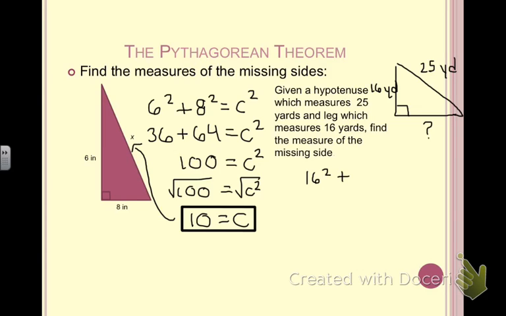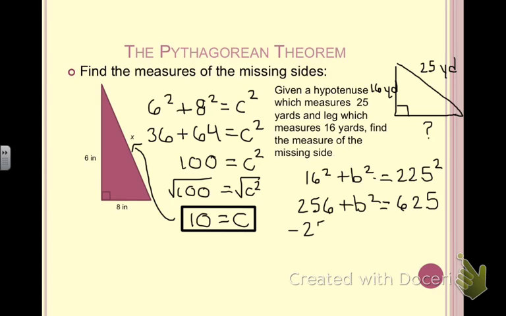16 squared plus b squared equals 25 squared. 256 plus b squared is 625. We now need to isolate the variable by subtracting 256 from both sides.